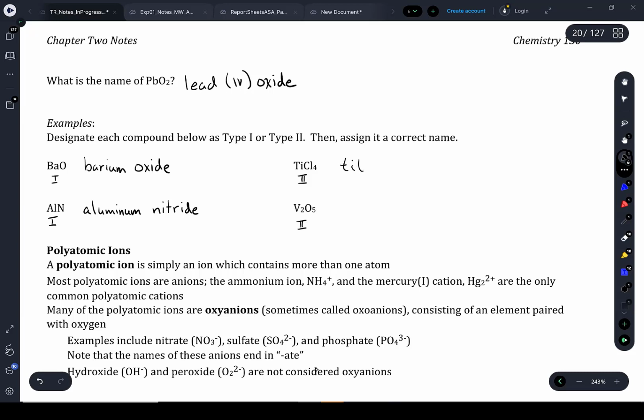I think some people call this tickle, but I don't want you to call it tickle, please. It's a very important reagent in some modern organic chemistry reagents. Or tickle 4.